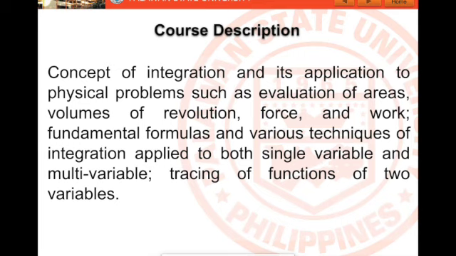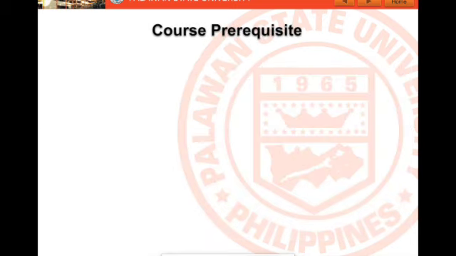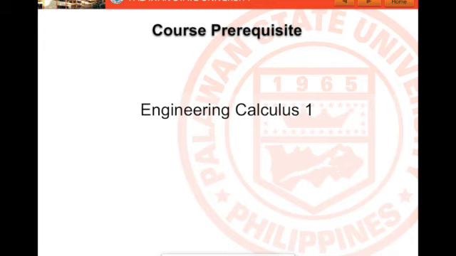force, and work. So fundamental formulas and various techniques of integration applied to both single and multivariable, as well as tracing of functions of two variables. So again, you're already informed, the course prerequisite is Engineering Calculus 1, and that's differential calculus.